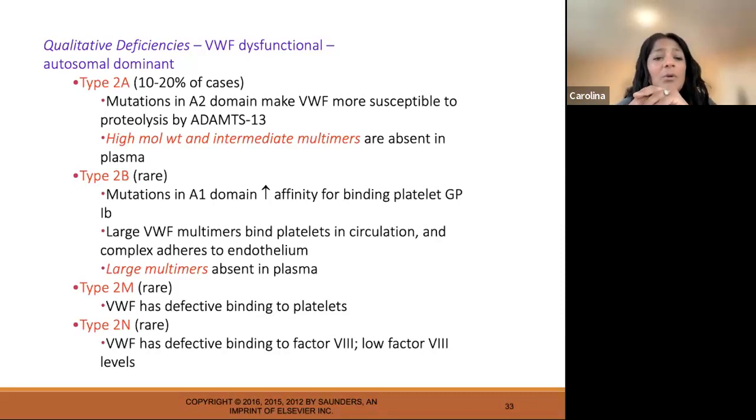Large multimers are absent in the plasma. Type 2M is rare. Von Willebrand factor here has defective binding to platelets, and 2N is also rare. And here's when von Willebrand's factor is defective in binding to factor VIII. So you will also have lower factor VIII levels.